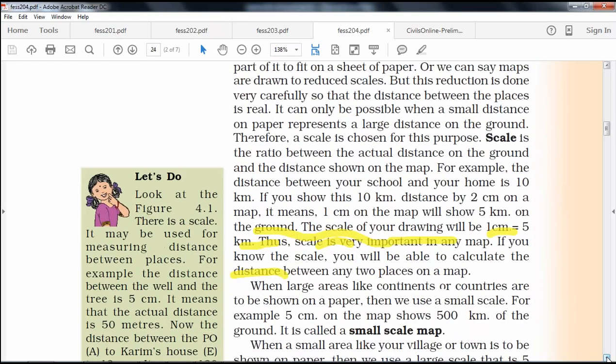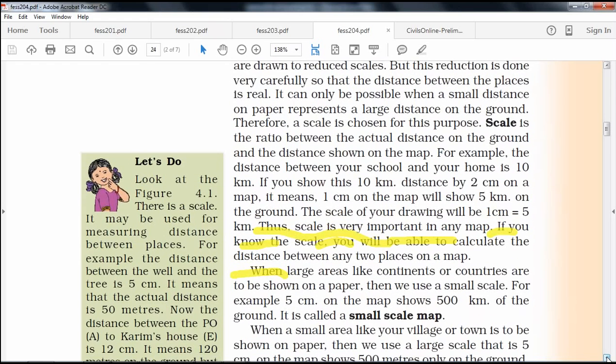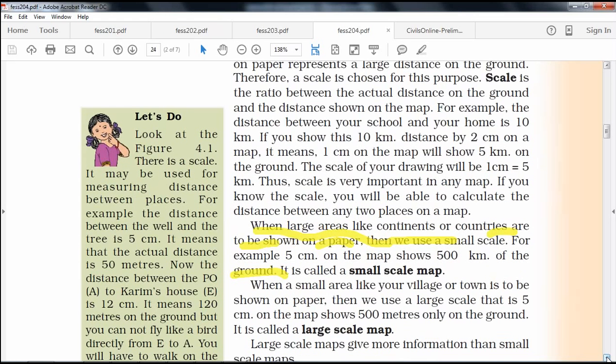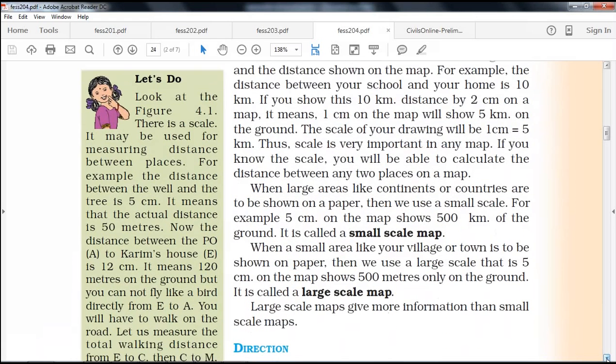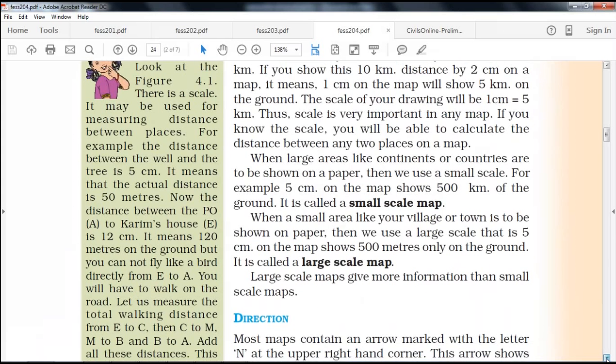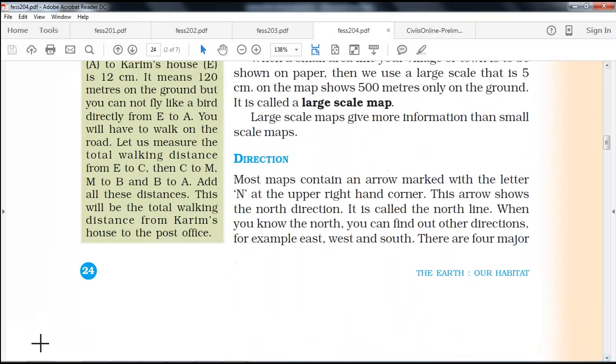And also in the scales, whether you have to use a small scale or a bigger, large scale, you have to decide. Like if you want to show a very small place like a village, particular village features, or you want to explain a country, based on that you will use small scale maps or large scale maps. Then you have the second feature, direction. We want to know which direction we are looking at.